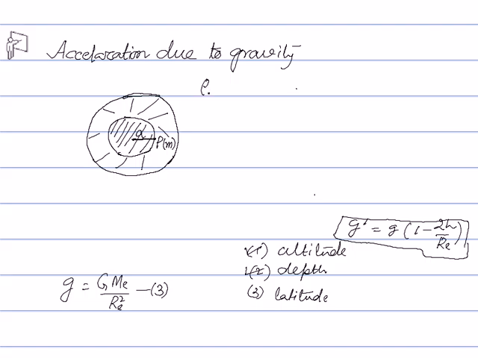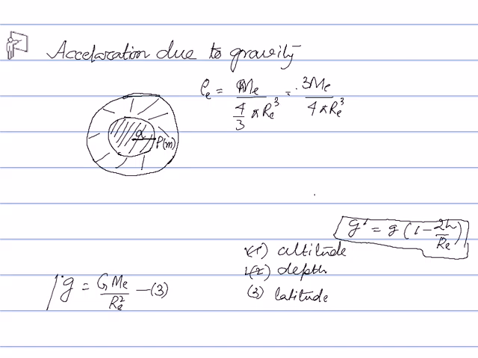If rho_e is the density of Earth, it is mass per volume, that is M_e by 4 by 3 pi R_E cubed, so rho_e equals 3 M_e by 4 pi R_E cubed.